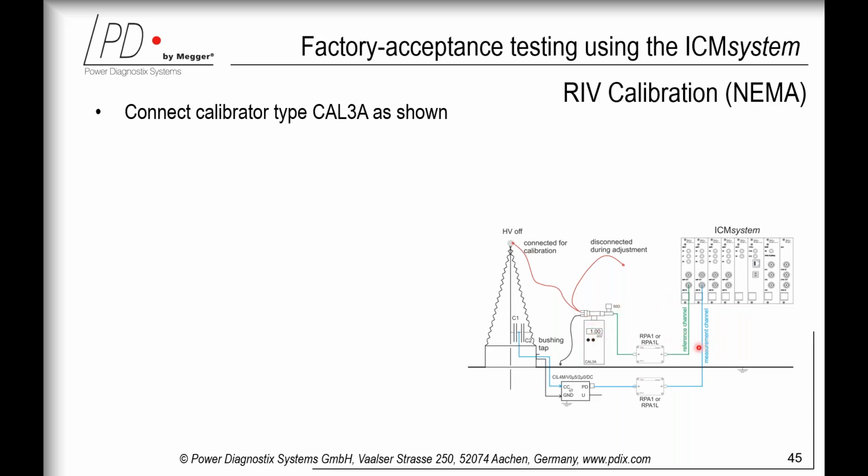Important, for a valid adjustment step, the reference channel has to be wired exactly with the same cable type and length as the measurement channels later on. Another thing is, during the adjustment, the measurement channel is not connected.